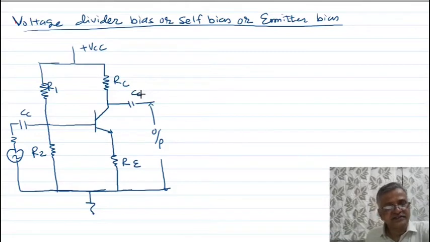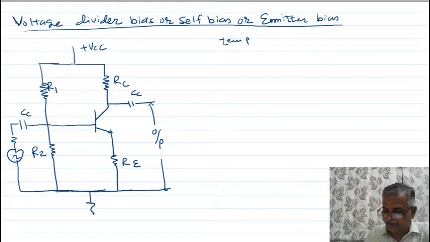Let us see the stability action of this circuit, how the collector current is stabilized against the variation of temperature. Same discussion. Suppose the collector current increases due to an increase in temperature, or the transistor is replaced by another transistor. But I am discussing in a different way.